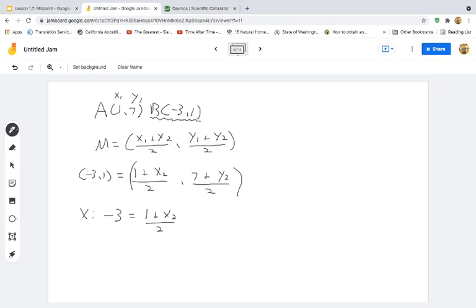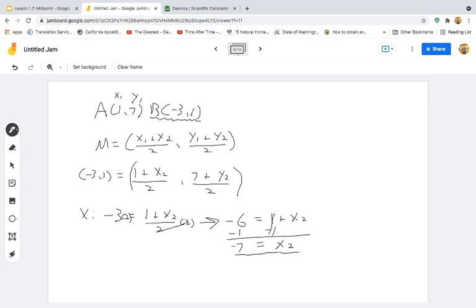To get x by itself, we will multiply both sides by 2. So -3 times 2 will be -6, which equals, 2's cancel out, we're left with 1 plus x2. Then we will subtract 1 from both sides. So in the end, we have -7 equals x2.